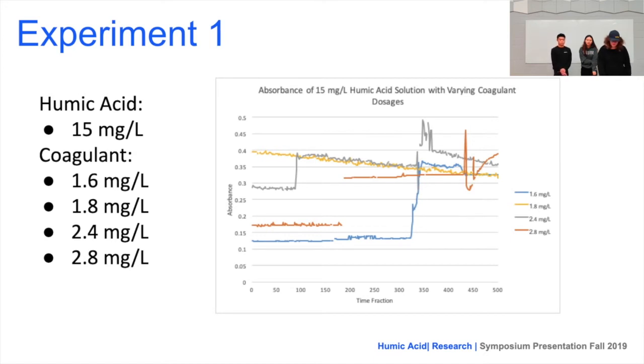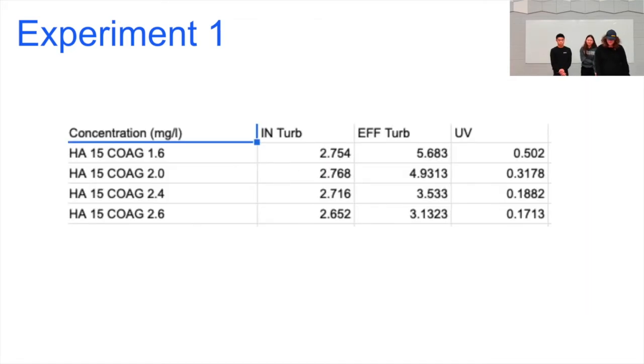The main thing that we observed was that the absorbance goes down when we raise the concentration of coagulant, and this can be seen when we look at the difference between 1.6 and 2.0 on the table on the next slide, wherein the change in the absorbance is a lot bigger than the change in the absorbance between 2.4 and 2.6. This indicates that there is a limit to how much the coagulant concentration can be increased before it stops having an effect on removing the humic acid from the water.